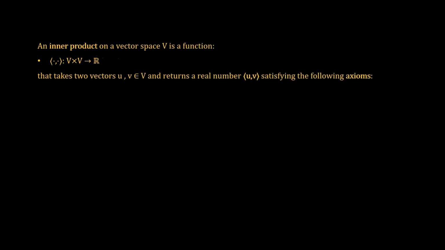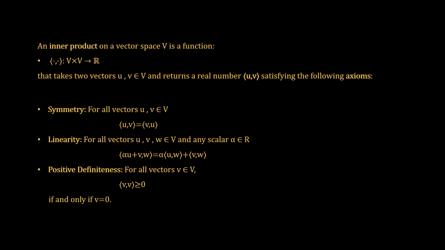We can add even more structure to a vector space by defining an inner product. An inner product is a function that takes two vectors from the space and returns a real number. For it to be well defined, it must satisfy the following axioms. The inner product is symmetric, meaning the order of the vectors doesn't matter. In other words, the inner product of u with v and v with u is equal.